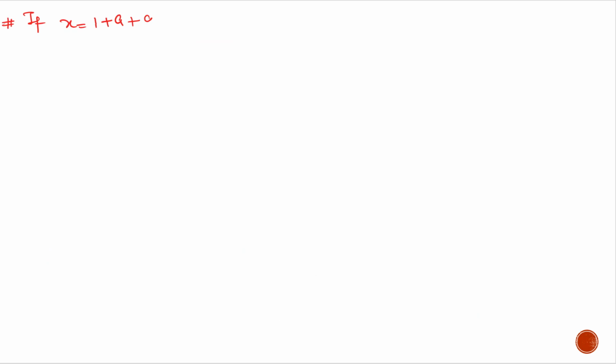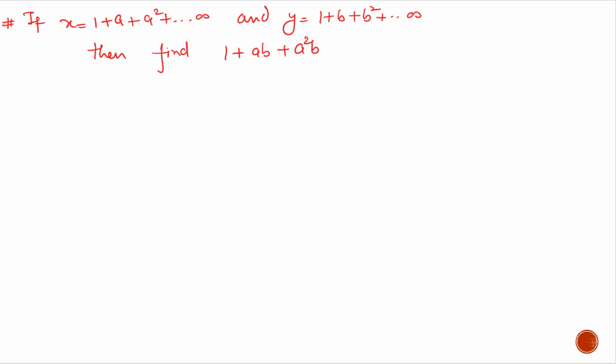Last example. If x equals 1 plus a square till infinite and y equals 1 plus b square till infinite, then find the value of 1 plus ab plus a square b square plus a cube b cube and so on till infinite.